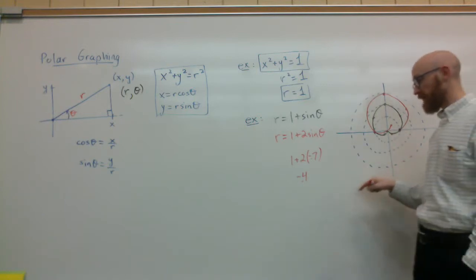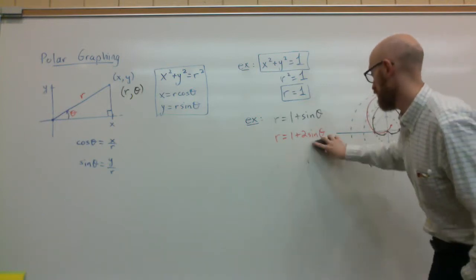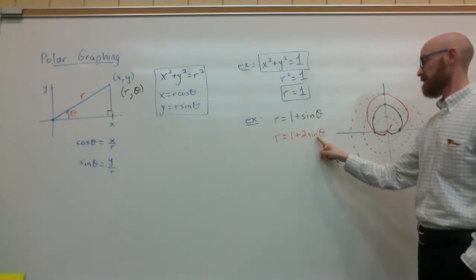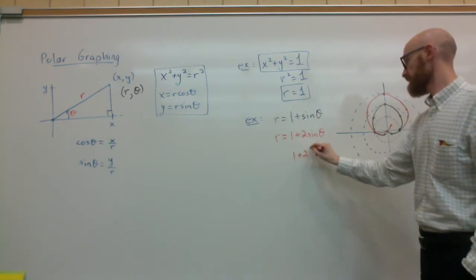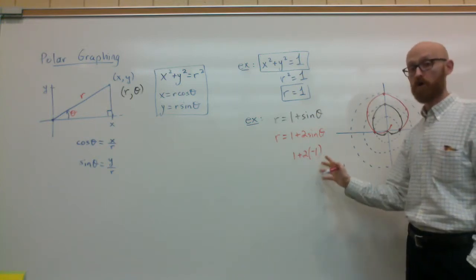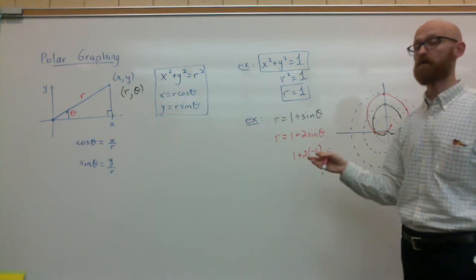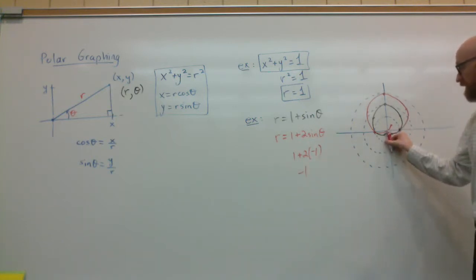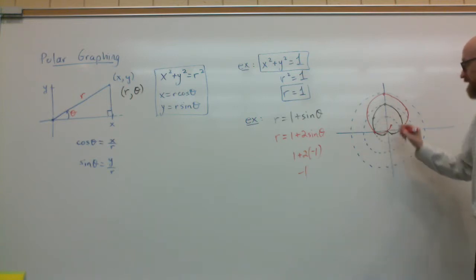And then at 3 pi over 2, this will be 1 plus 2 times sine of 3 pi over 2, which is -1. And now we're actually in the most negative territory that we're going to be in for this particular function, which is -1. So that means orient yourself down to 3 pi over 2, but go back exactly 1 unit, and you'll get there.